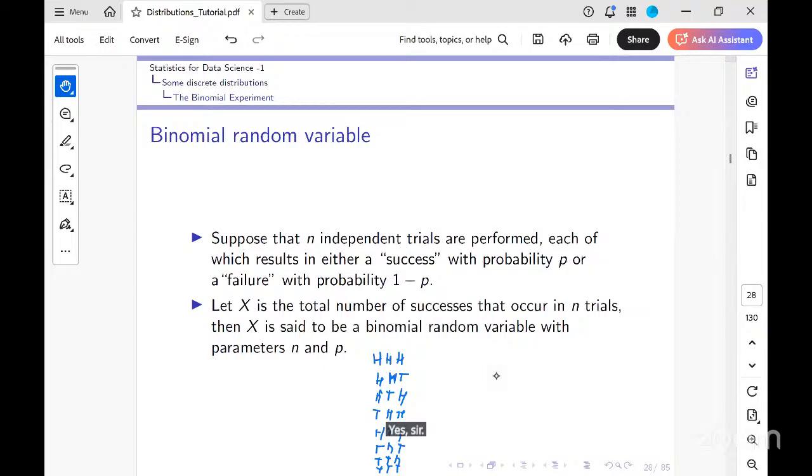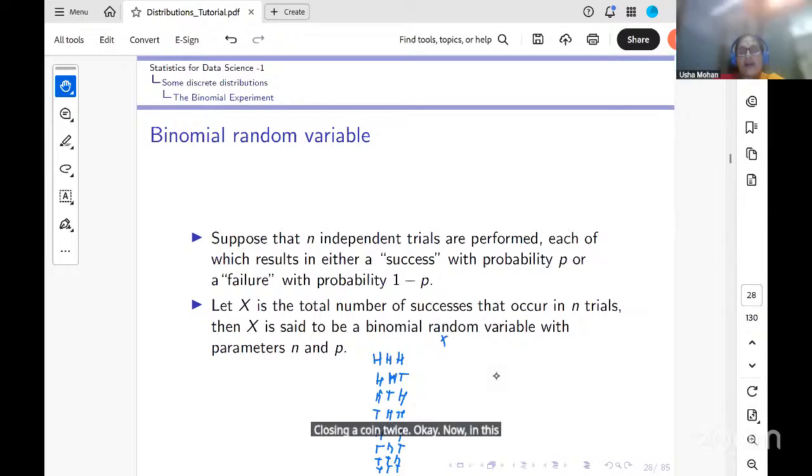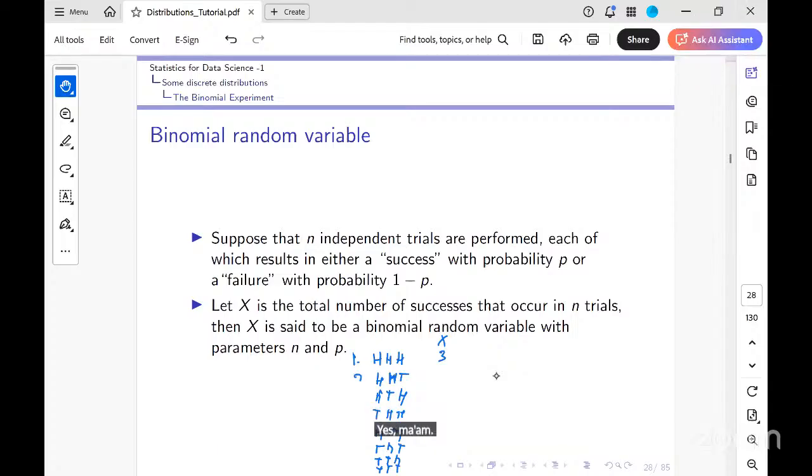Now in this, I'm counting the number of successes. In the first outcome, how many successes do I have? 3. In the second? 2. Third? 2. Fourth? 2. Fifth? 1. Sixth? 1.